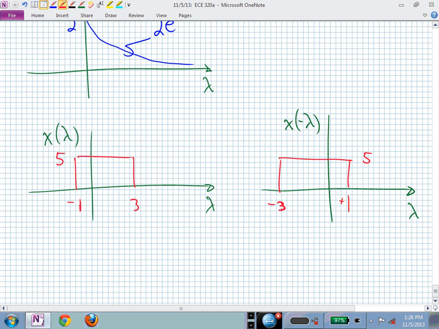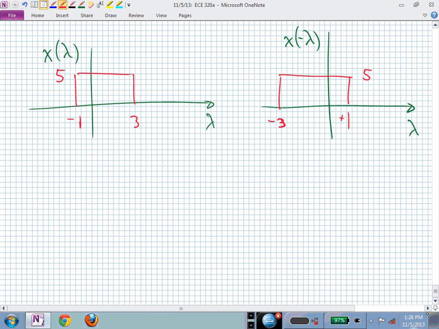Are we okay with that? But I am not quite finished. I actually need x of t minus lambda, where I'm going to allow t to be a variable. I'm going to allow t to move from minus infinity all the way up to plus infinity when I compute this convolution integral.